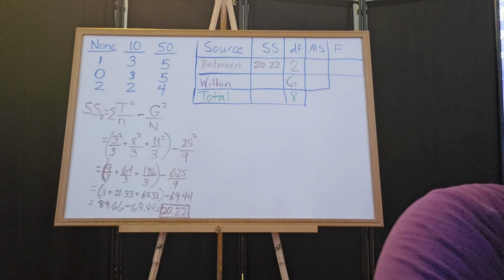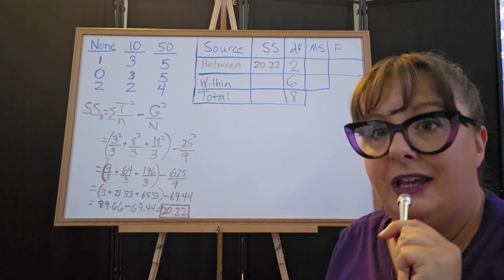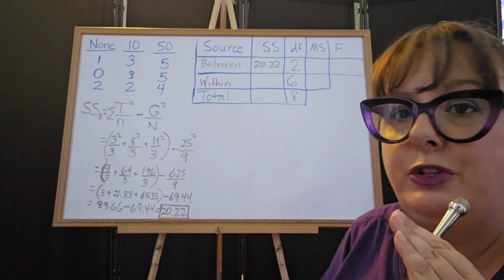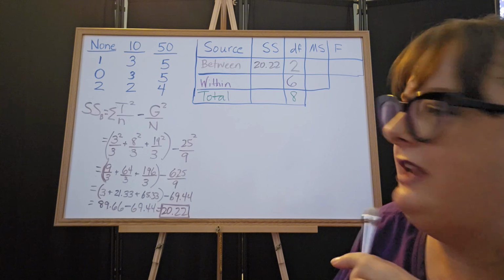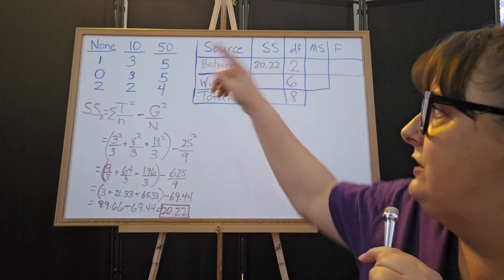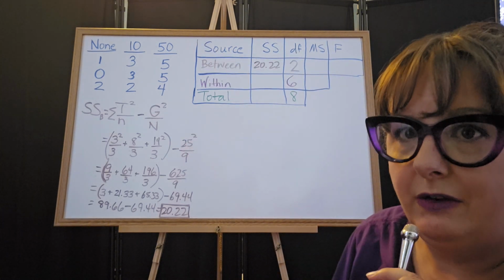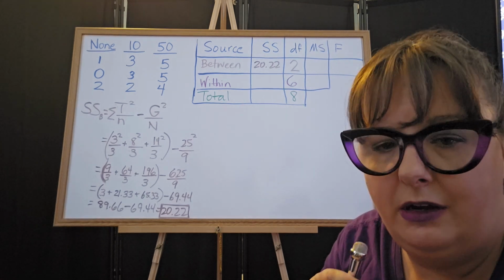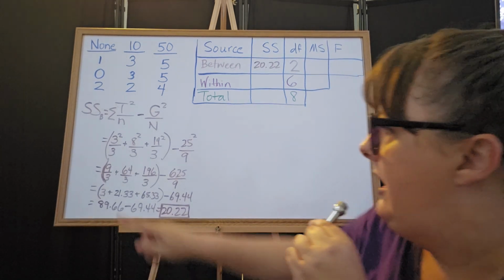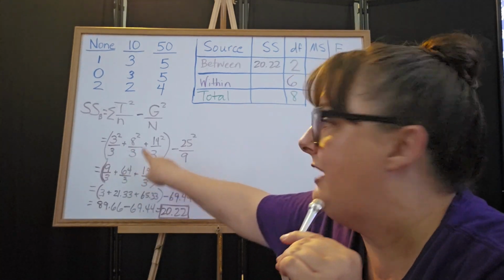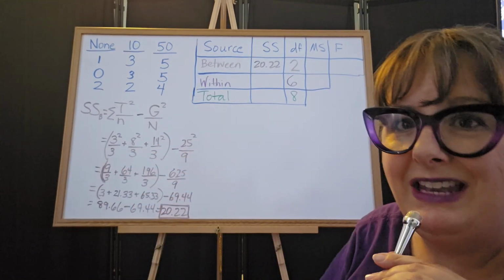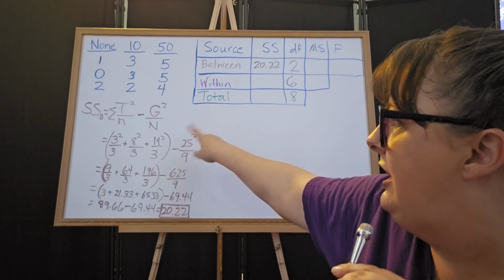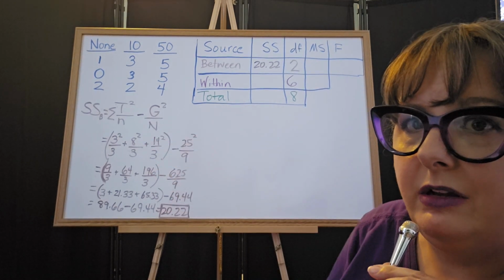All right, so how do we do this? This sigma symbol means sum, so we are just going to add up T squared over n. For each group, we get a T squared over n. So you have to square the T and divide by n, which is 3 for each group. Here you can see where I've done that, and I made sure to put the parentheses around that. Remember PEMDAS, order of operations. That's to remind you, you have to do this first before you deal with the G squared over N.